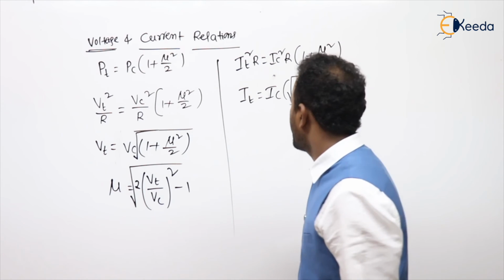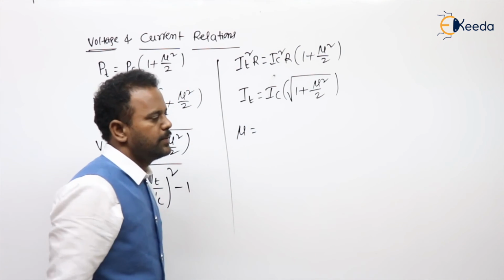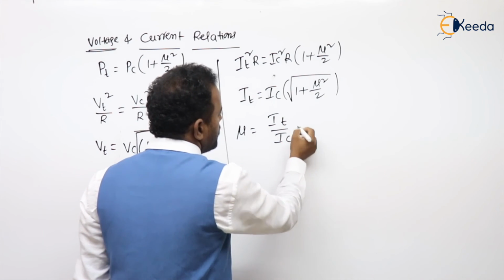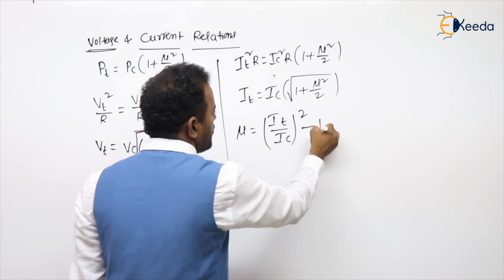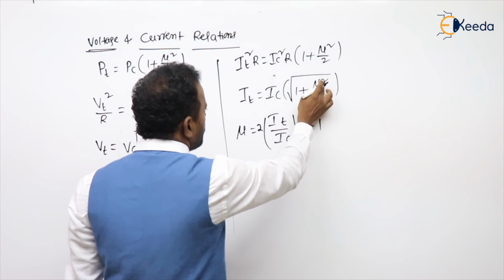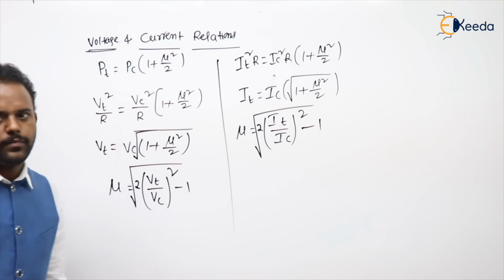Getting my point? Now from here, what is the modulation index mu? Definitely similar, It by Ic. To avoid the root, square it, plus 1 comes to this side, minus 1, and 2 is the multiplication factor. That gives mu square, but we want mu, so take the root.